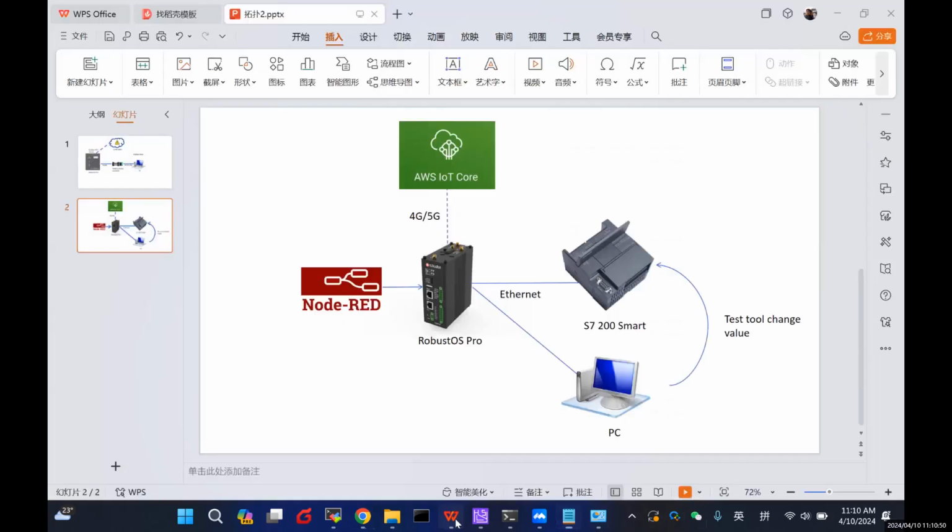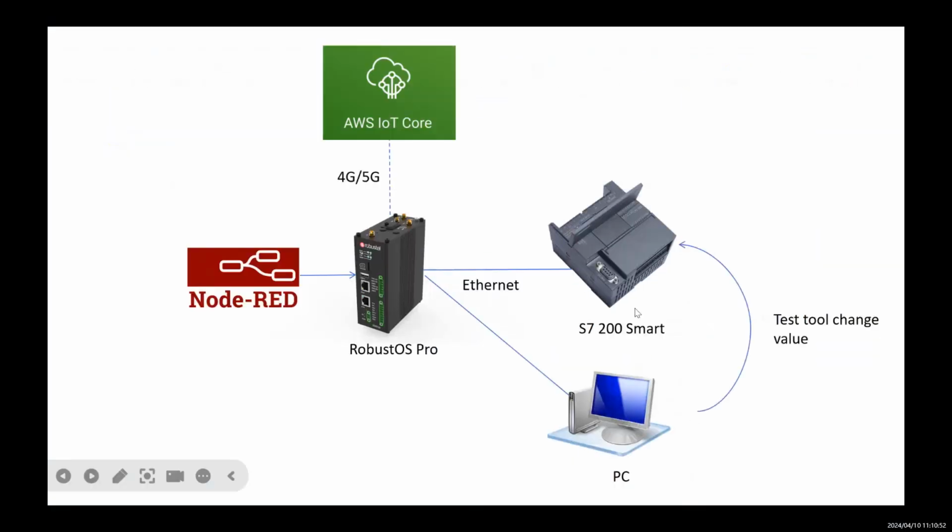as the topology shows, you need to connect the PLC to the gateway. The PLC uses Ethernet cable for communication, so connect the PLC to the gateway with the Ethernet cable.